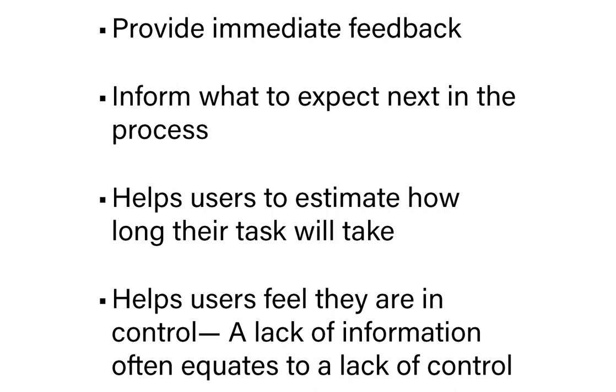People don't have patience to wait, not knowing what's going on and how long it's going to take because they are busy. It's like being on the phone forever, trying to connect to a human operator, if you don't know how long you should wait and what's happening. Visibility of system status helps users to feel that they are in control.